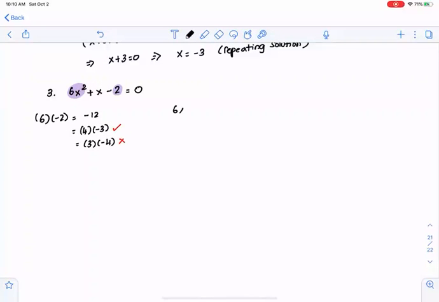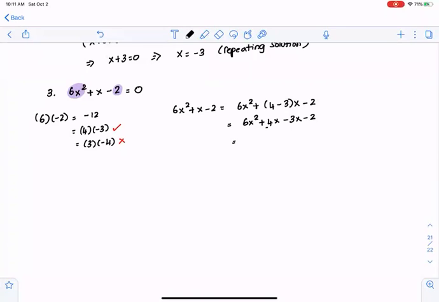So I could write 6x squared plus x minus 2 as 6x squared plus 4x minus 3x minus 2.